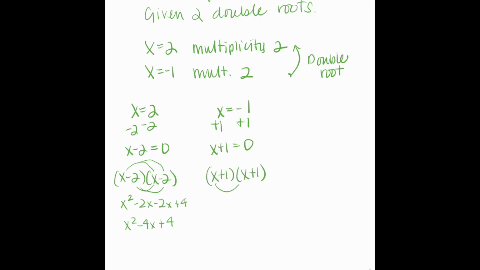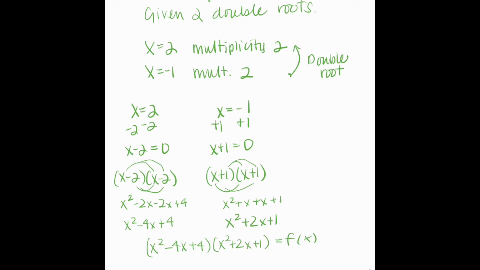And here we get x squared plus x plus 1, so we get x squared plus 2x plus 1. So now our function is x squared minus 4x plus 4 times x squared plus 2x plus 1.